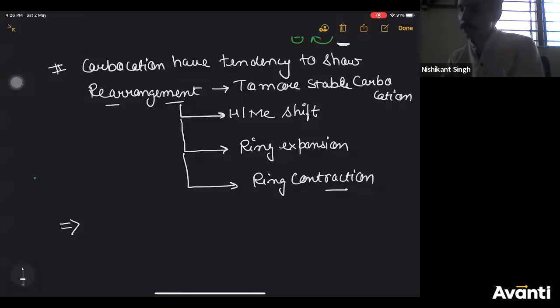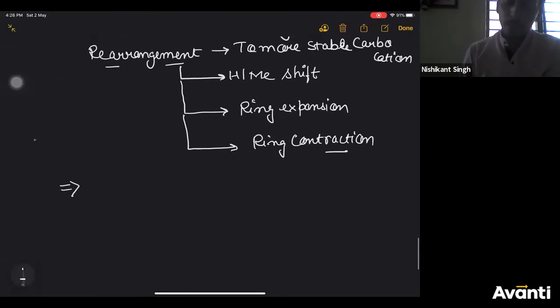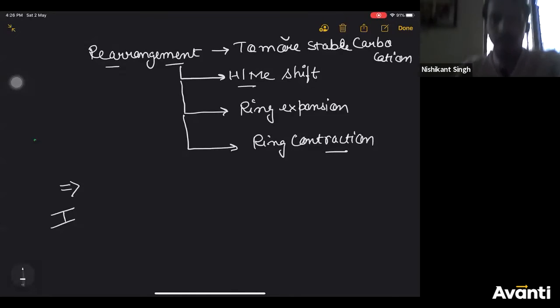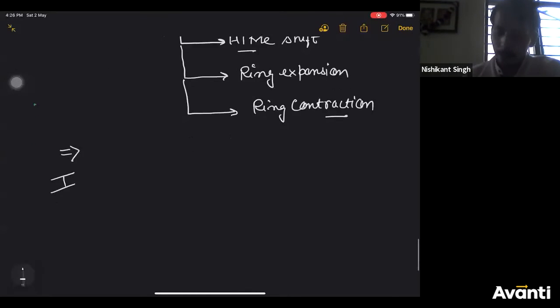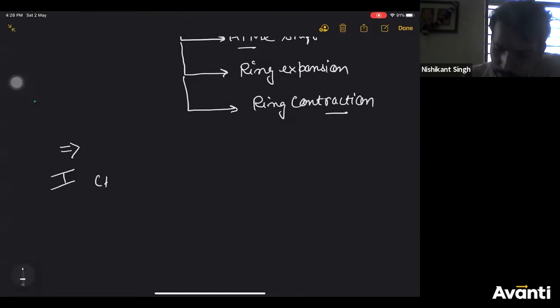Now, let us take examples. I'll take an example of all three types of rearrangement. The first one is hydride and methyl shift. So please focus very carefully. I'm going to take an example here.